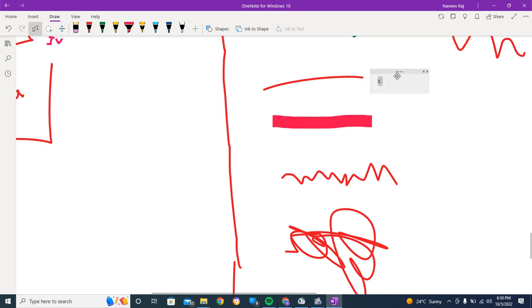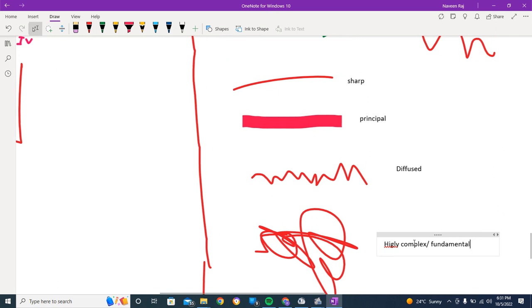Some lines were found to be sharp, some principal in shape, some diffused in shape, and some highly complex, called fundamental. I hope you got an idea of what we are doing.